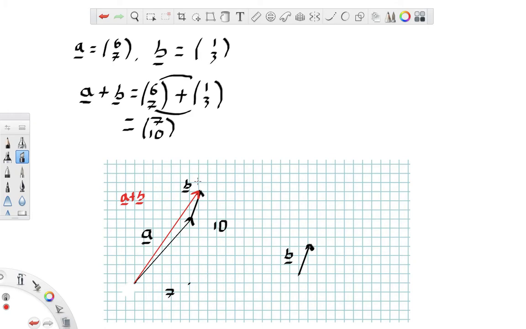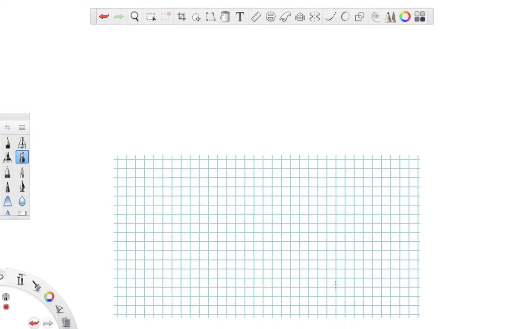So what we're going to do is have a look at some more examples, and we're going to draw some more diagrams so we can really get a grasp of what we're doing here. Okay, so we're going to look at adding another set of vectors together. So this time we will go with the vector A, and that will be equal to 3, 4, like that.